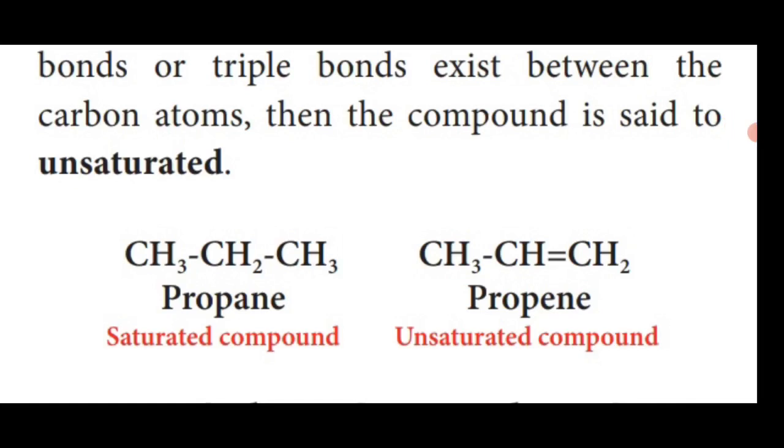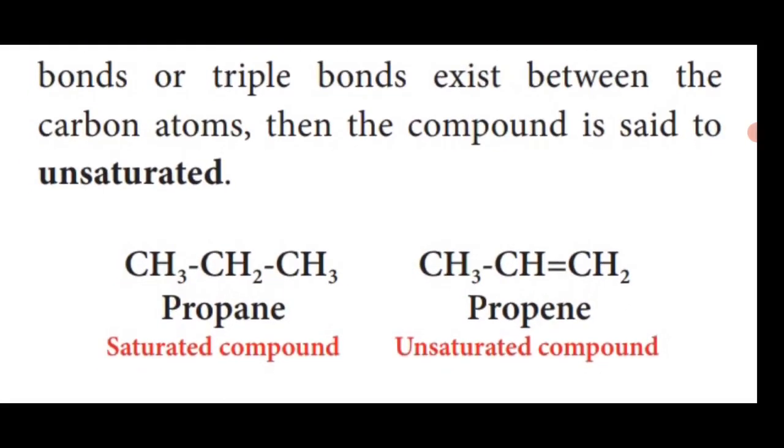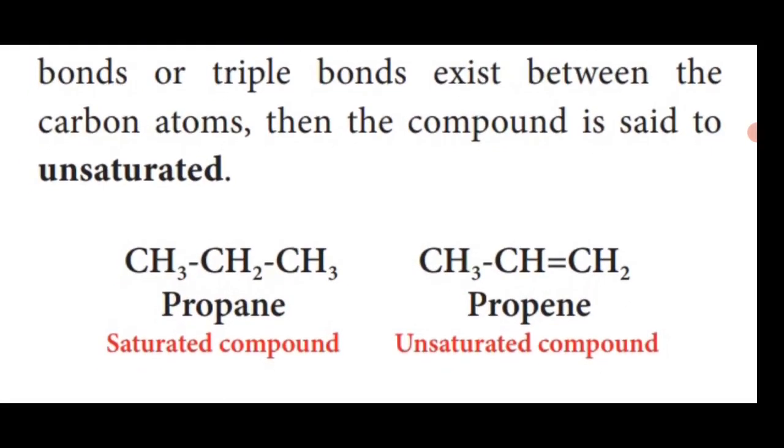Unsaturated compound example: propene. Formula CH3-CH=CH2. The carbon between carbon contains double bond nature. Single bond compounds are called saturated compounds. Double bond and triple bond compounds are examples of unsaturated compounds.